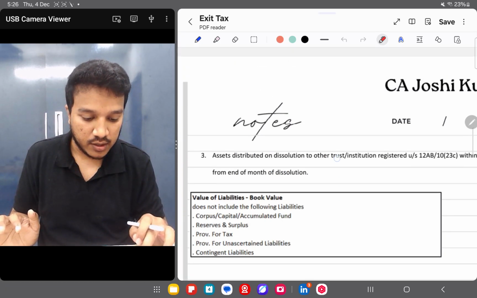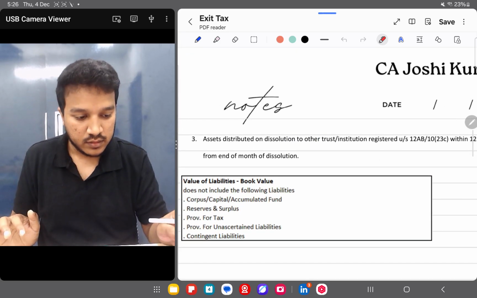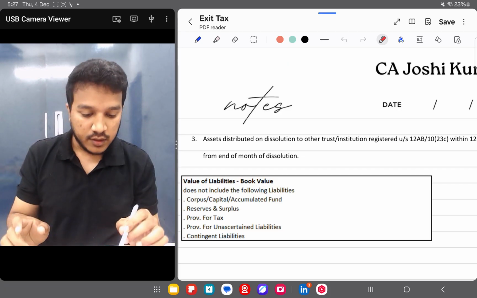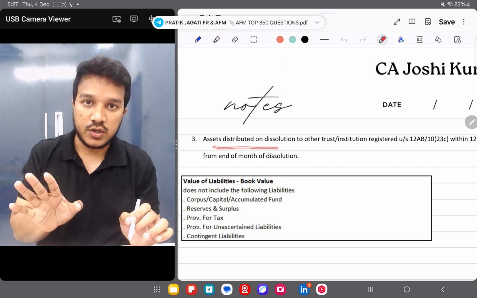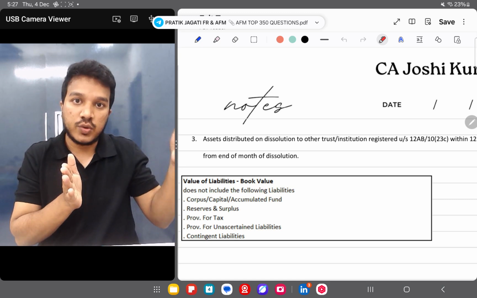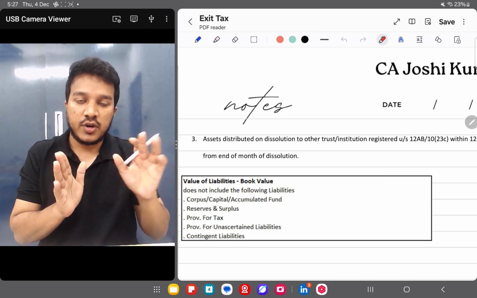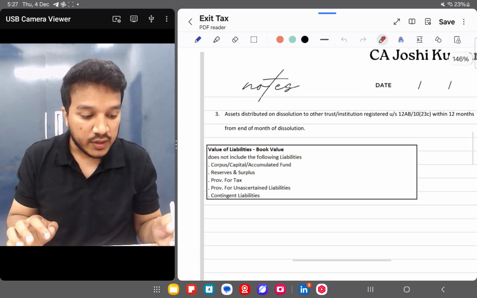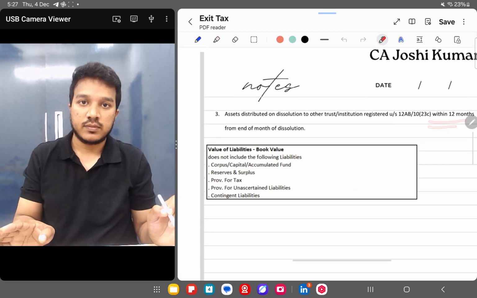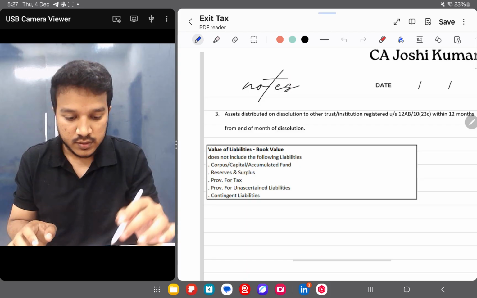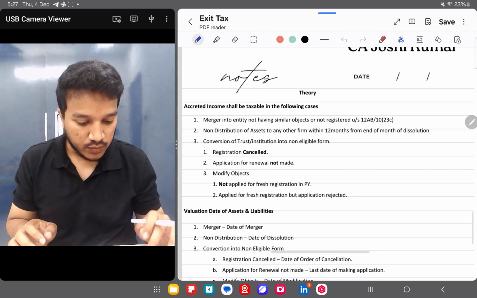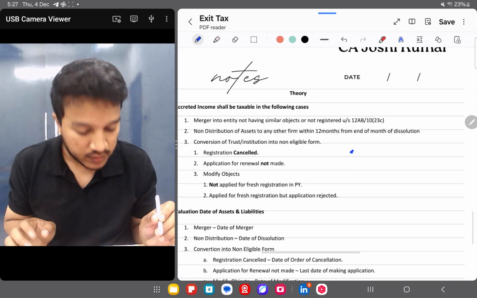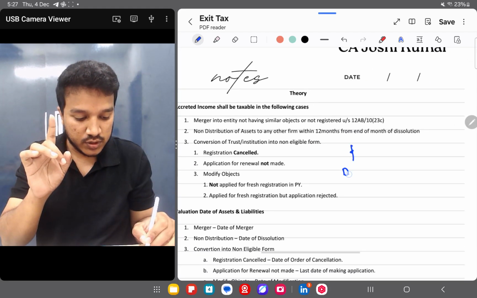Here, what did we read, the third point. So what I said here, if your trust got dissolved, you have an option, right? Within 12 months you can transfer to another trust. If you are transferring, you will not take those assets into consideration. Okay, what if you don't transfer within 12 months? See, this point is saying that trust dissolution happened.